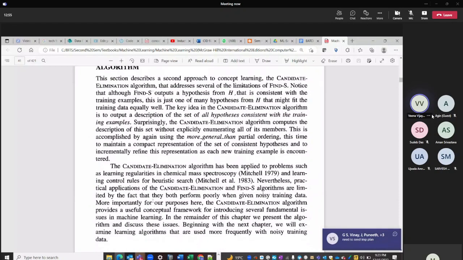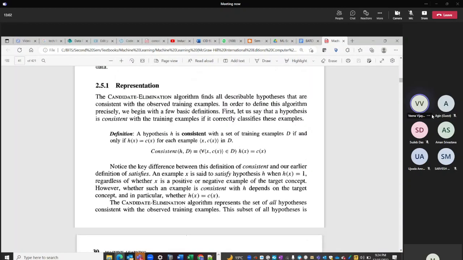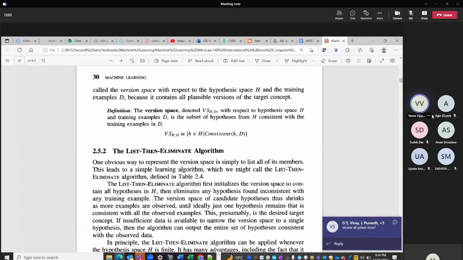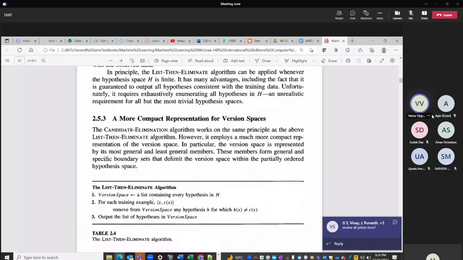Okay. So in that case, we have one more algorithm, which is the candidate elimination algorithm. For this, the way we are calculating, let me see. Here we are listing all the elements of the version space. Version space is H1, H2, up to Hn.